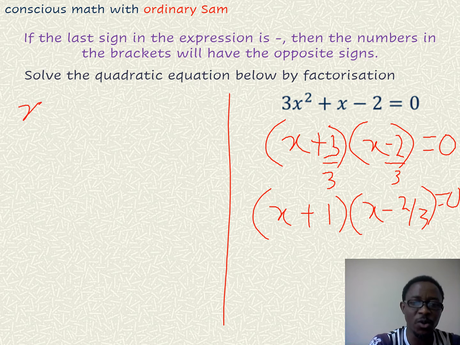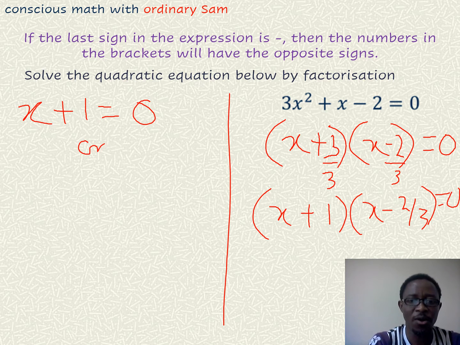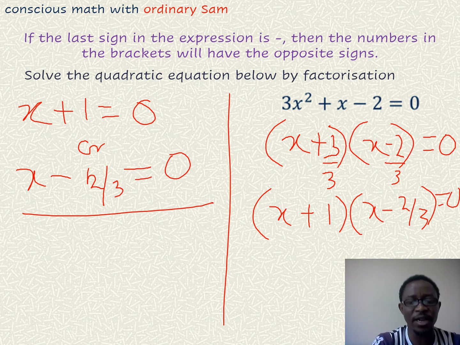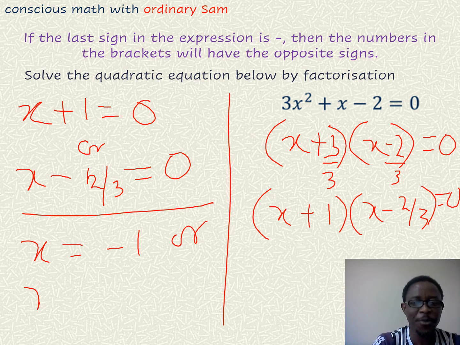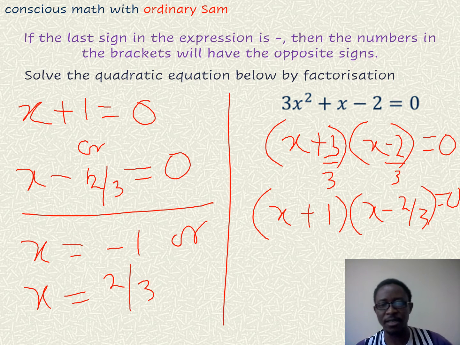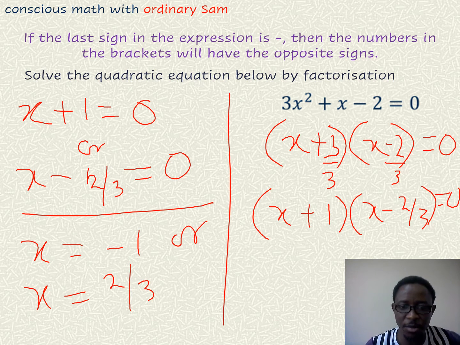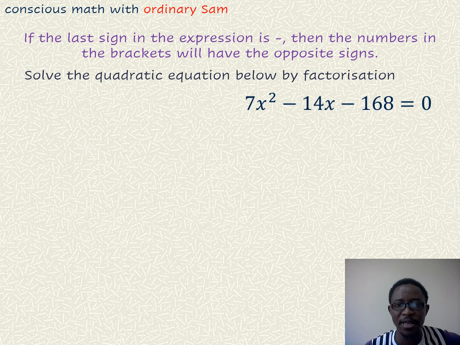We do not know which one, so we say x plus 1 is 0, or x take away 2/3 is 0, so that finally x is equal to -1, or x is equal to 2/3. Clearly stated. I'm sure this is very relatable and is very clear.